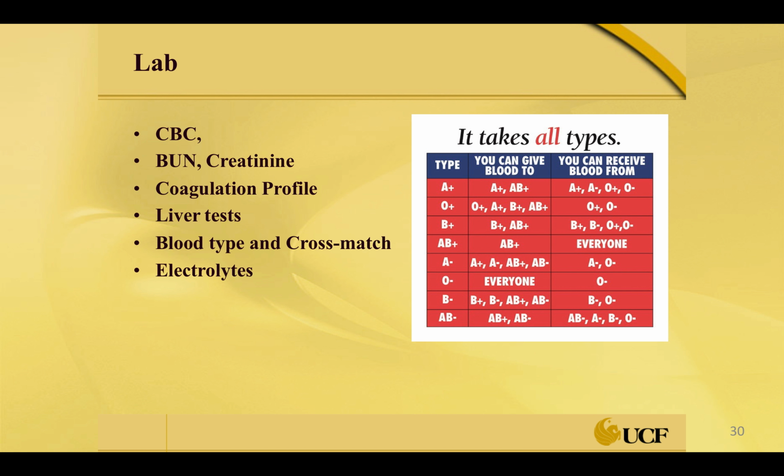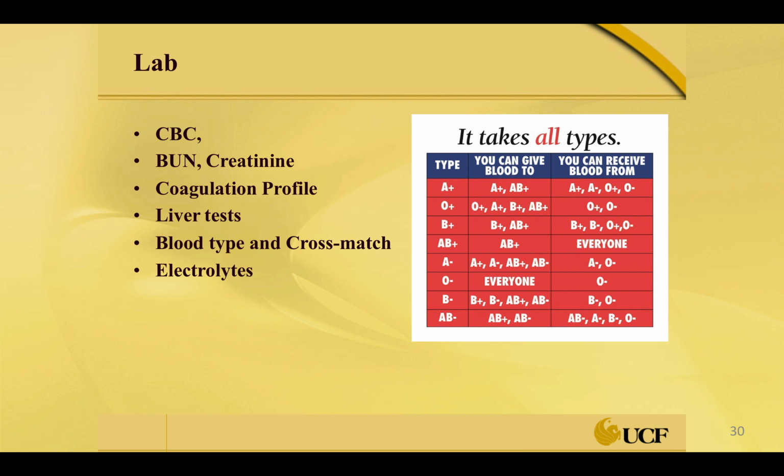Labs, like that little image depicts, take all types. It's imperative that we do a CBC with BUN and creatinine, coagulation profiles, and some liver tests, specifically if we are suspecting some cirrhotic involvement of the liver.